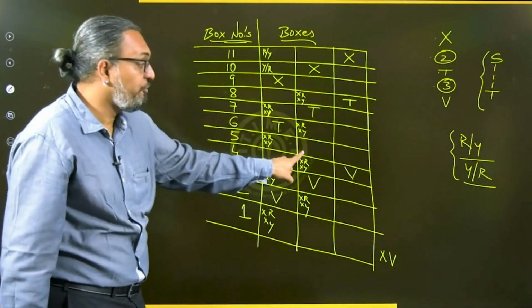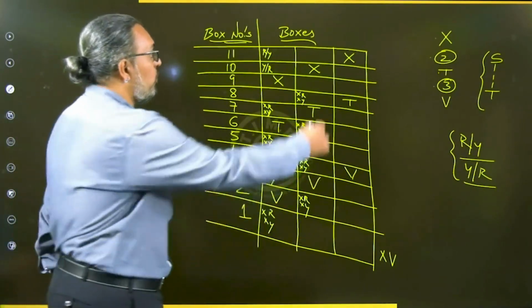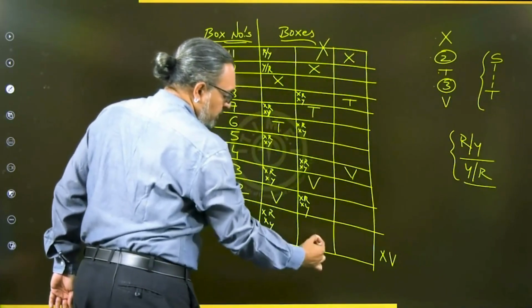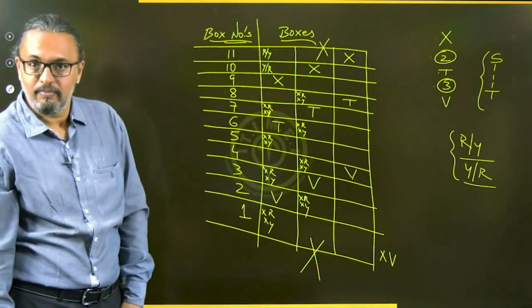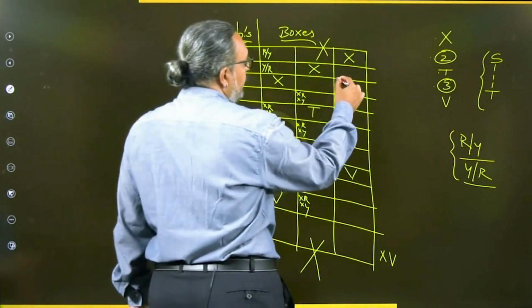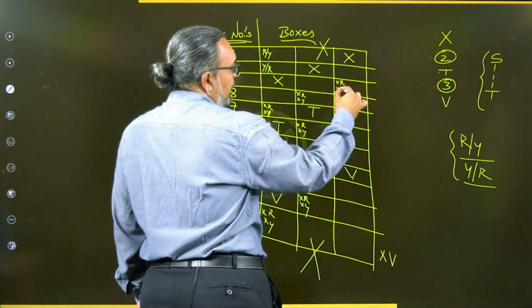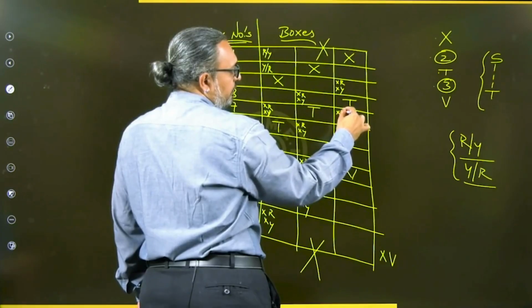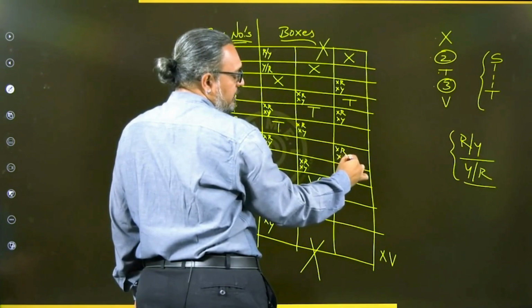Is it possible in the 5th? No. 6th and 4th are ruled out. Is it possible in the 1st? No. 2nd is ruled out. So that means there are no positions available for me to fix R and Y. So you rule it out. Correct? In the same way, I can now again rule out R and Y adjacent to T. Similarly, I can rule out R and Y adjacent to V.